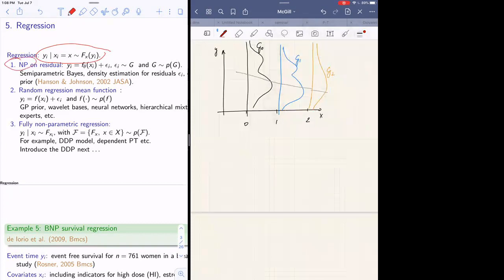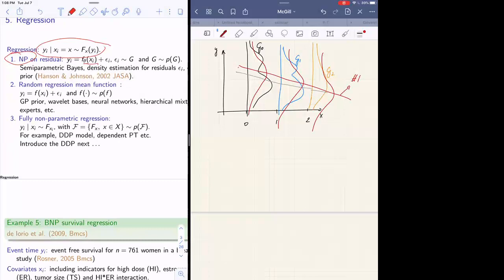In red, I'll do the first variation. If for each covariate level we have the same distribution, and we just shift the same distribution down a little bit, then we are in the first case. This is the first case, where we have the same distribution for each case, and we just have a location parameter that moves with that function f sub theta of x.